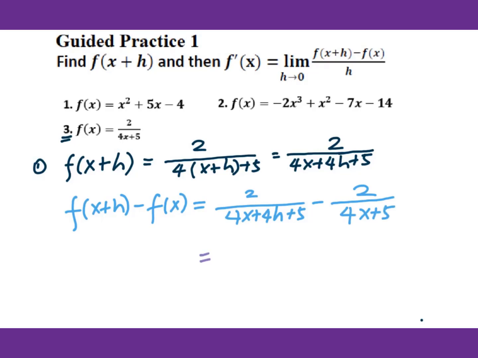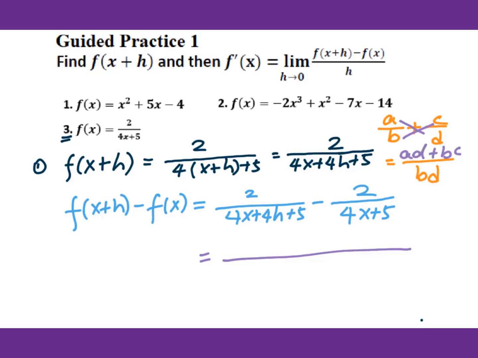We will put this fraction together. Here's the rule. If I have a over b plus c over d, denominator multiply, then you do cross multiply. You will get ad plus bc. So I will change this into positive, then put the negative sign into this negative 2. Then you can do cross multiply.